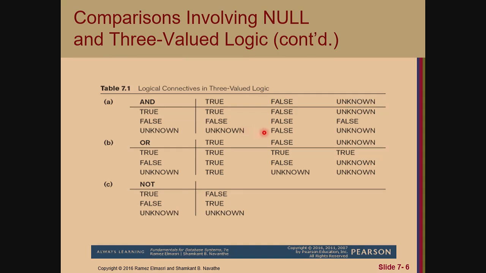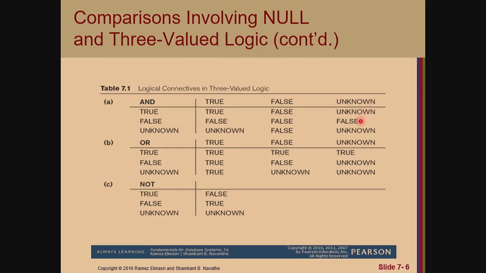But about false and true, we get false. False and false, we get false. False and unknown, we get false. Okay. But about unknown and true, similar here, it is unknown.